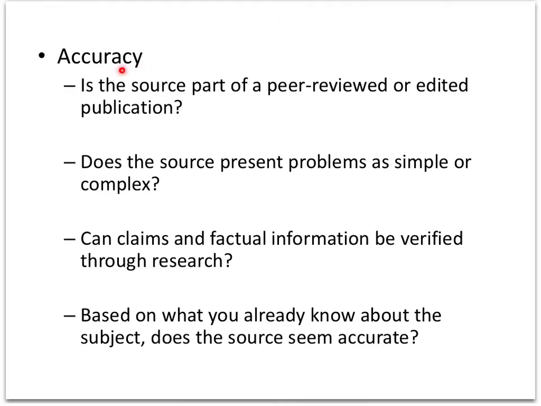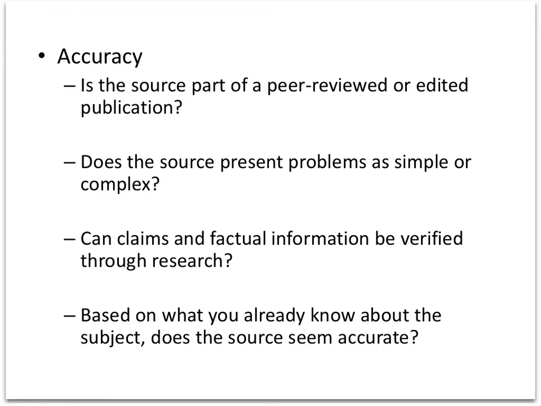One of the most important things that we can take into consideration is a source's accuracy. If a source doesn't meet the criteria of anything else but meets the criteria of accuracy, well, that's a pretty good thing going for it. So one of the questions we want to ask is, is the source part of a peer-reviewed or edited publication?